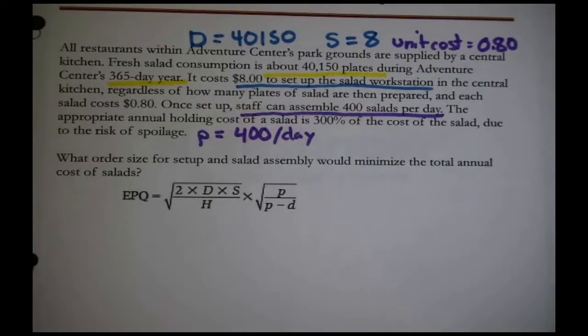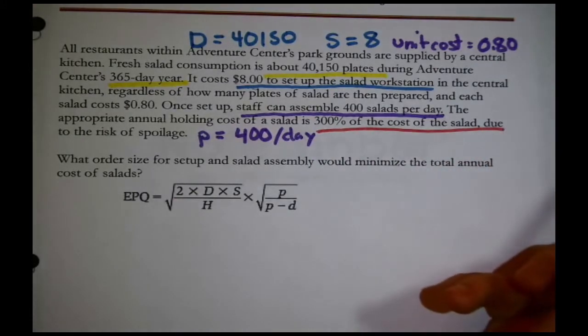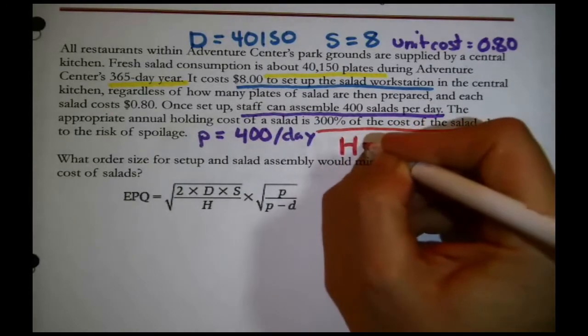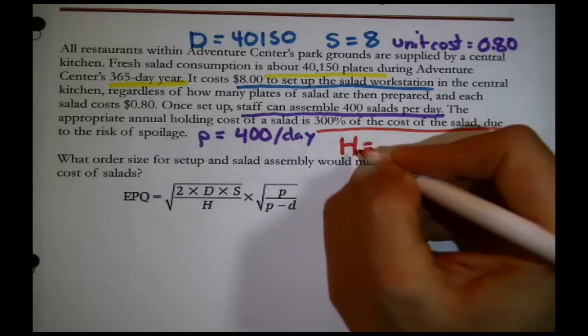Now we're still not done mining this for information. The appropriate holding cost of a salad is 300% the cost of the salad. Oh wait, I need to fill out this formula. Capital H is always the cost of holding 1 unit in inventory for 1 year.